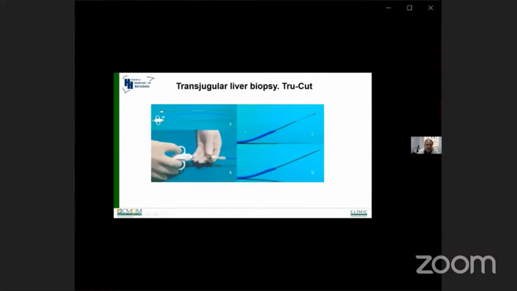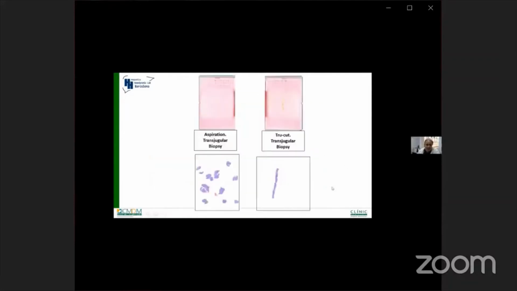I would like to take into account that this is the needle and this is the throughput system that goes inside the needle. As you can see here, you put it through this needle and the needle through the blue sheath. And these are the differences. When you do a transjugular liver biopsy of a liver with severe fibrosis, usually what you get is this kind of fragmented pieces of the liver.